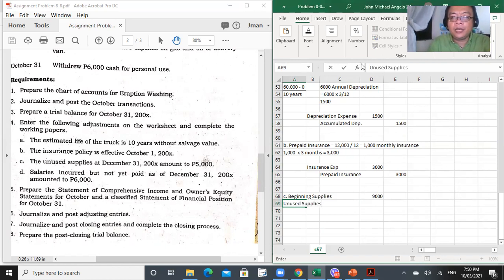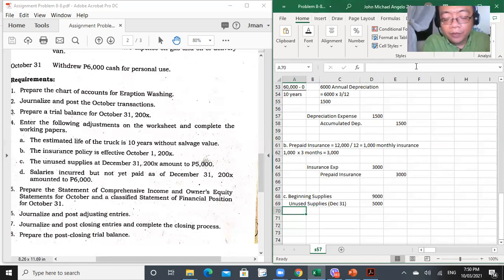If you have unused supplies, meaning sa Tagalog, hindi nagamit, no? Unused supplies as of December 31, amounting to 5,000. So you have unused supplies as of December 31.